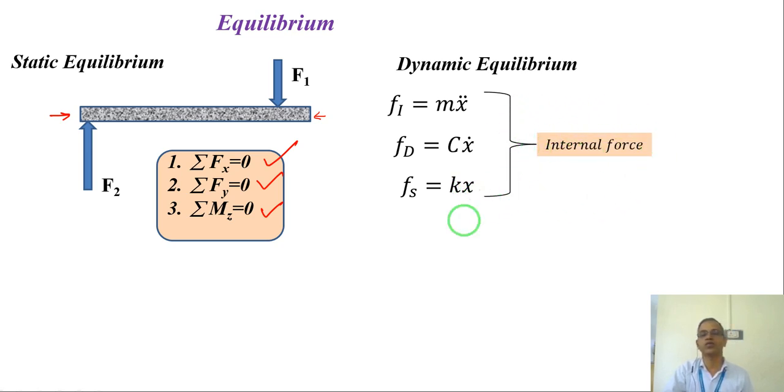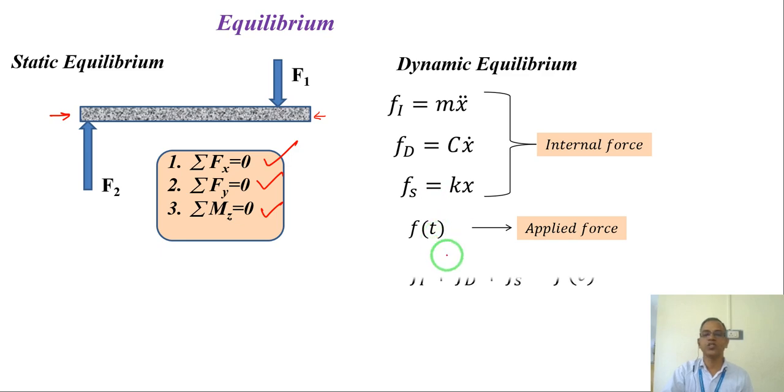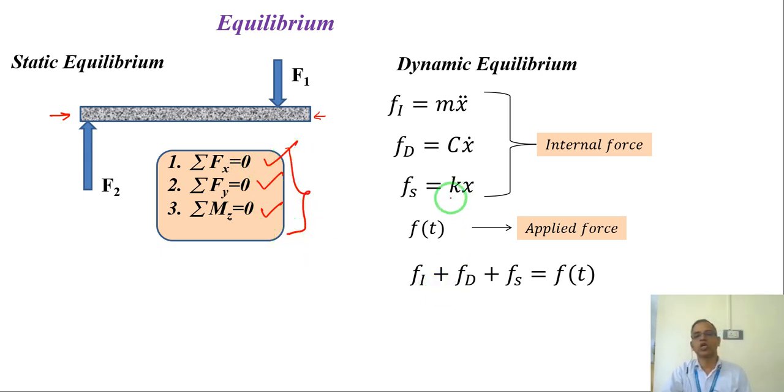These are internal or resisting forces. The external force acting on that is F of t. When these two are the same, then we call it the system in dynamic equilibrium, right? It's quite different from what we discussed so far, right? When the system is in equilibrium, that means inertia force, damping force and stiffness force are equivalent to the external force.